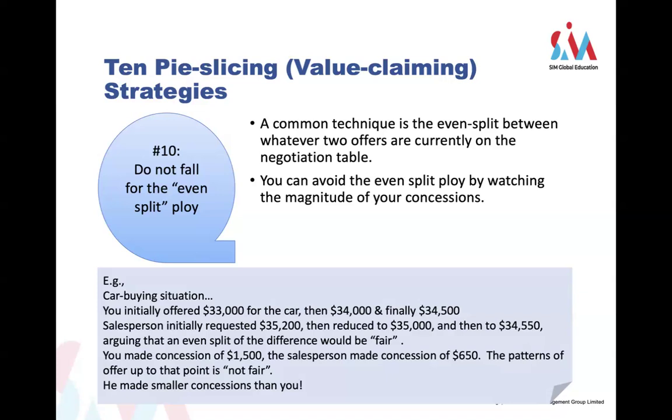So from $33,000 to $34,500, you have made a concession of $1,500. Now, the salesperson, the one who is selling you the car, initially requested $35,200, reduced to $35,000, and then finally reduced to $34,550.